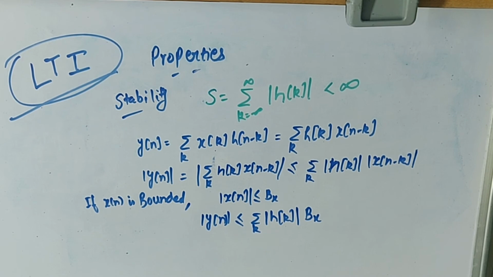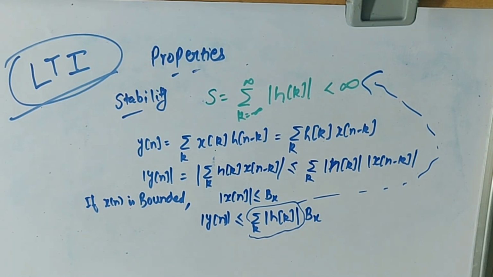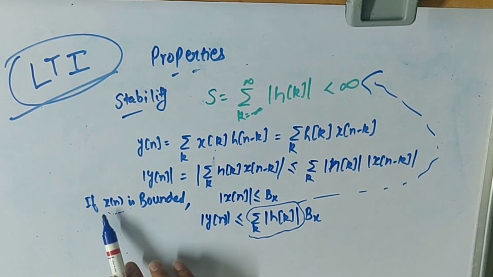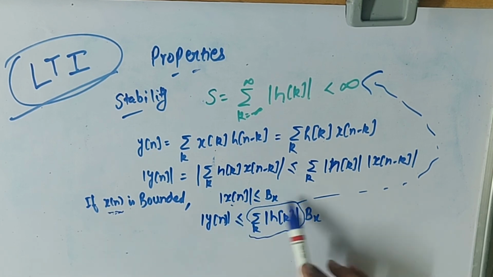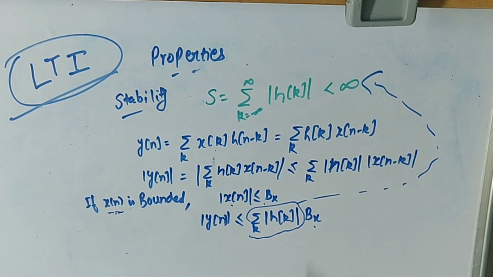This statement holds only if this summation is some finite number. This follows because we have assumed x[n] is bounded, so mod of x[n] is less than or equal to some Bx. For mod of y[n] to be less than or equal to some By, this summation should be a finite number.